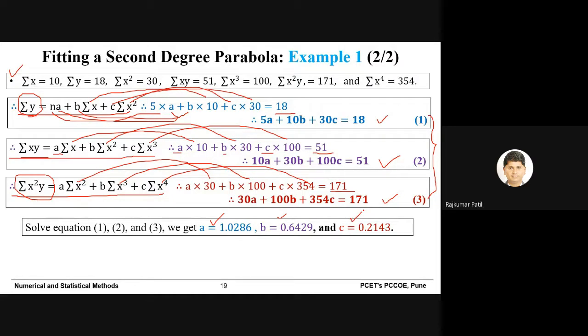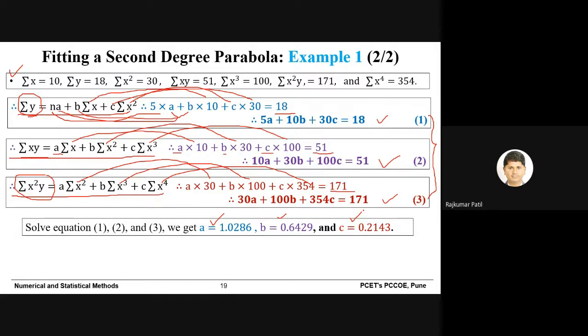Here I would like to tell you one thing. Suppose in the semester or final examination, if it is online and if this type of complex equation is asked, how can you solve it? You have an option. You already have Python code for solving simultaneous equations.